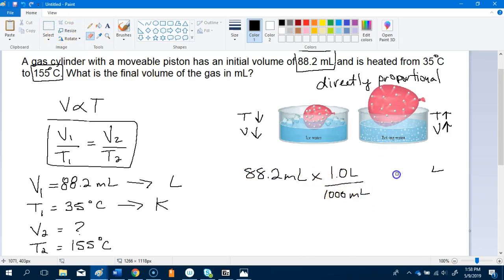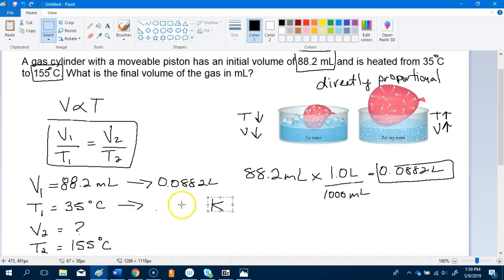That means I'm going to get 0.0882 liters. And then I need to figure out my kelvins.